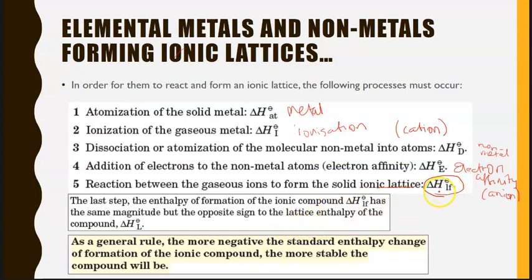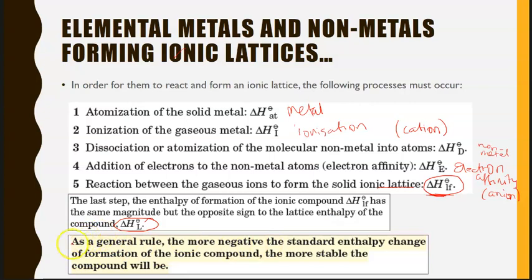Because remember, enthalpy of lattice formation was exothermic, and IB defines lattice enthalpy as being the endothermic process. So this here and the overall lattice enthalpy, delta HL, will have the same value but opposite sign. Okay, because one refers to the exothermic process and the other refers to the endothermic process.